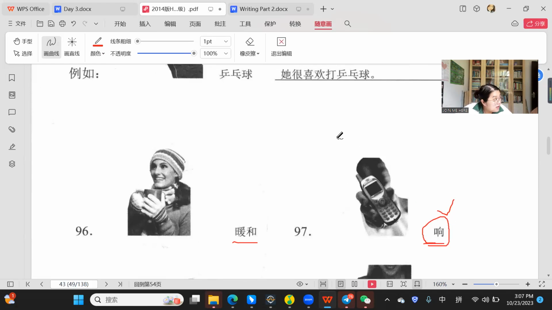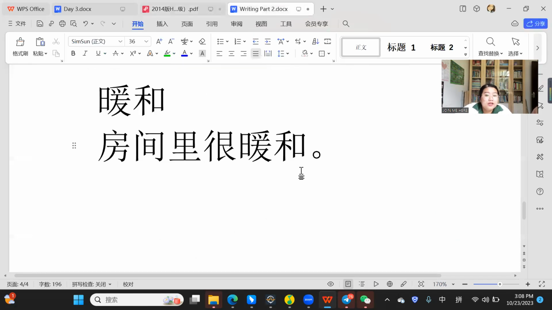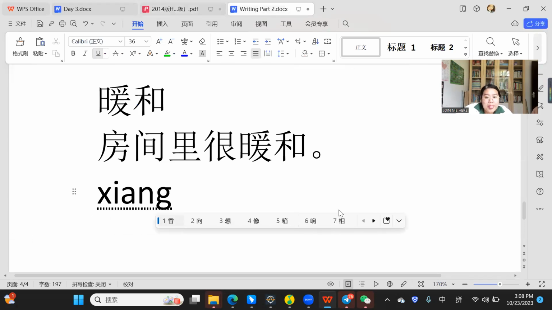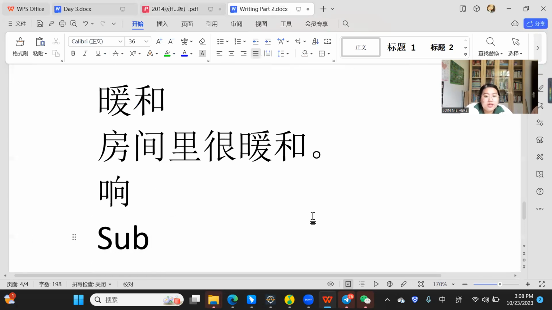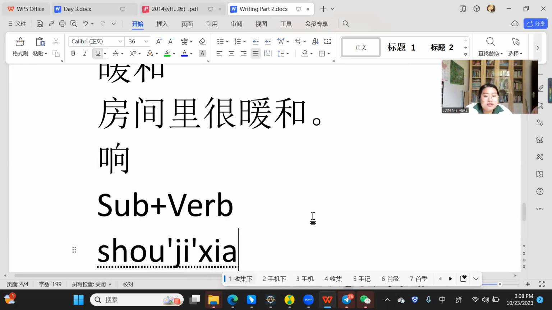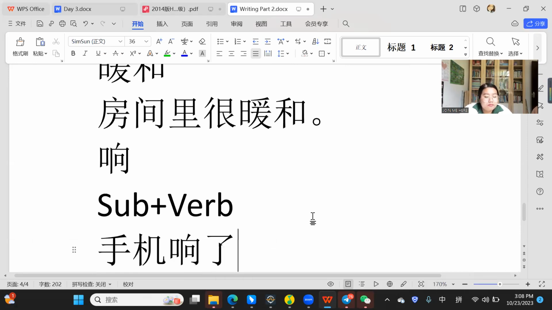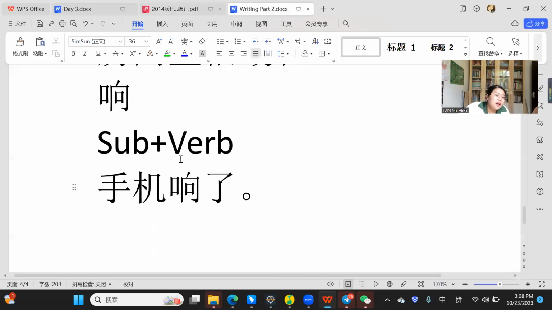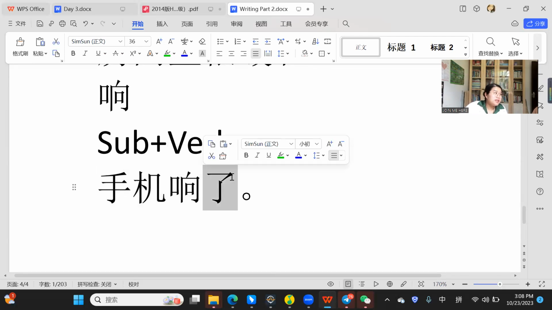So, 手机响 is like subject plus verb, right? 手机响了. Okay, if you only have this subject and verb, it's better to put le at the end of the sentence. Le means you have changed or that thing is already there. You can put le at the end of the sentence.